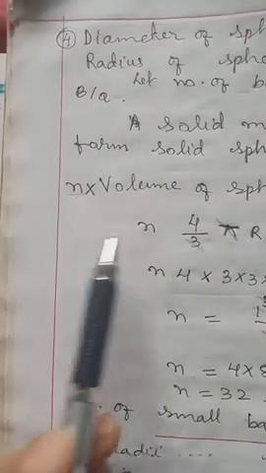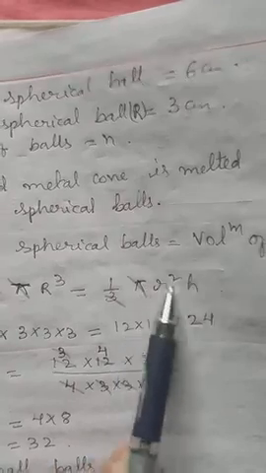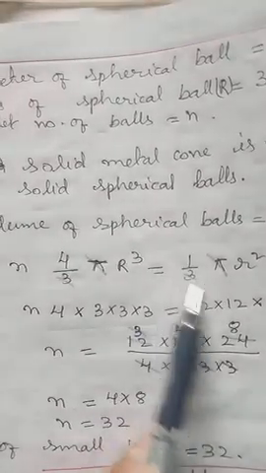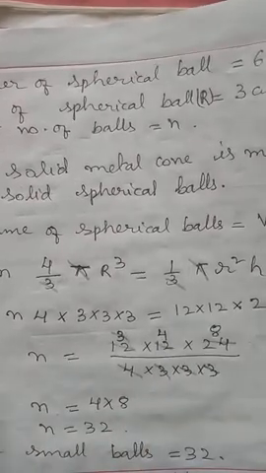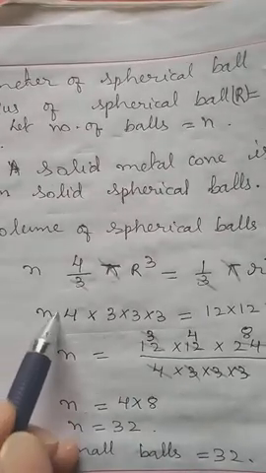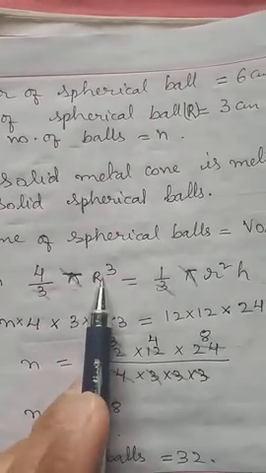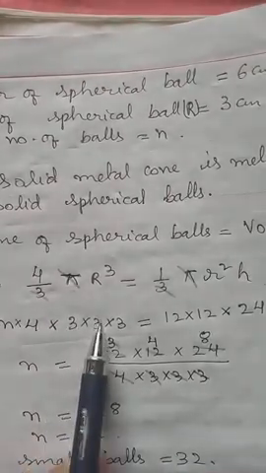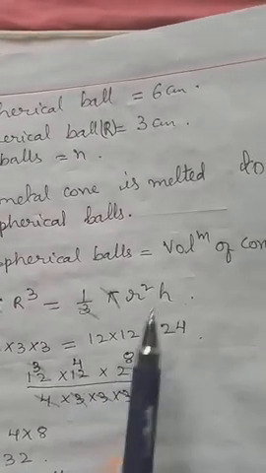We replace the formula: n into 4 by 3 pi r cubed equals 1 by 3 pi R square h. 3 we cancel, pi we cancel, then n let it be there, then 4, then here capital R we have 3 times small r, 12 into 12, then h we have 24.